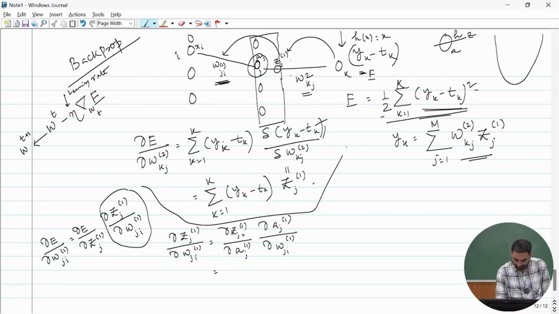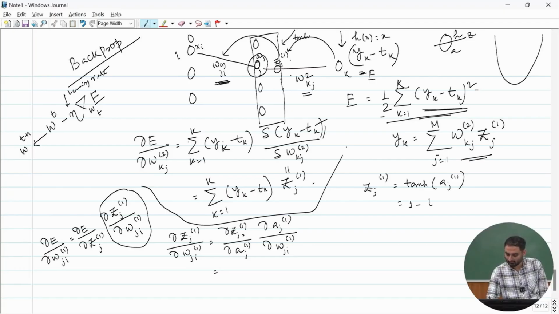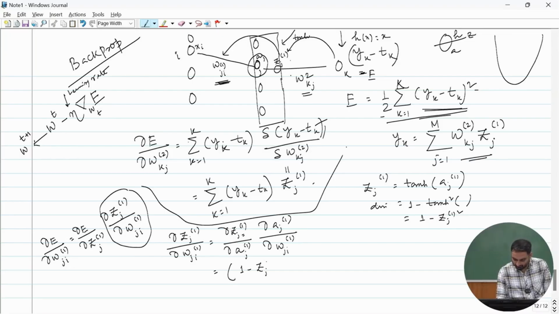What is this Z? zj1 is nothing but the activation function. Let us assume that the activation function here is tanh. So this is essentially tanh of aj1. What is the derivative of this? This is 1 minus tanh squared, so this will be 1 minus zj1 squared.